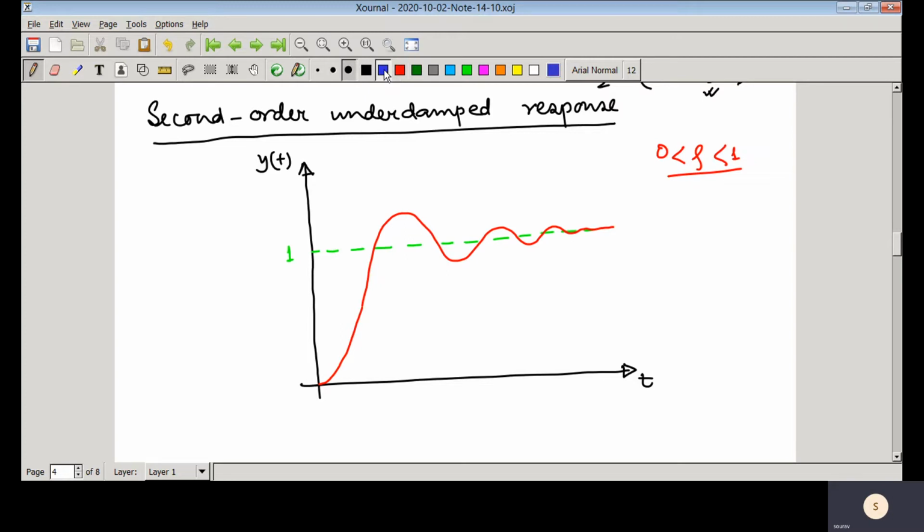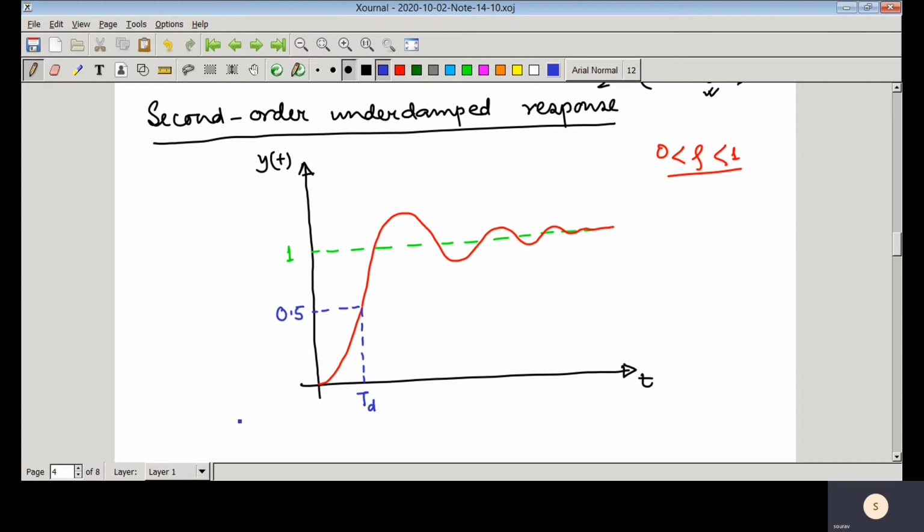And here I'll be pointing out some values in the time response. One value is 50%, that means 0.5 of 1, and suppose this time is TD.